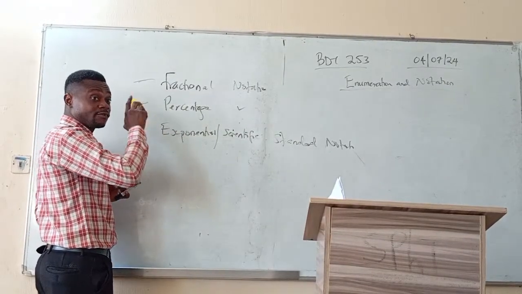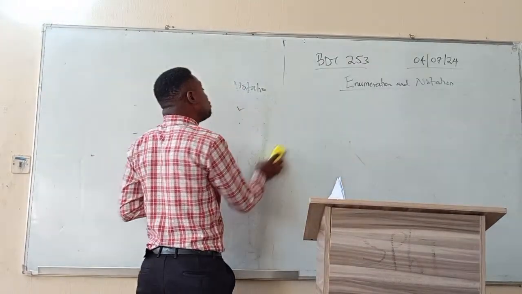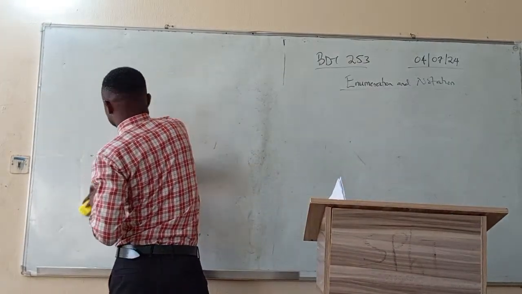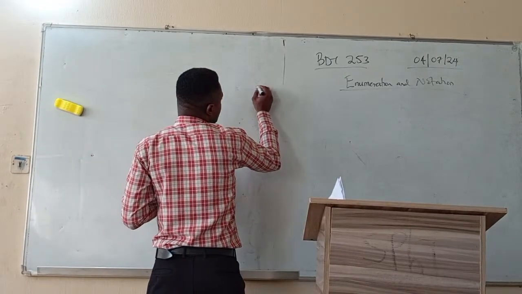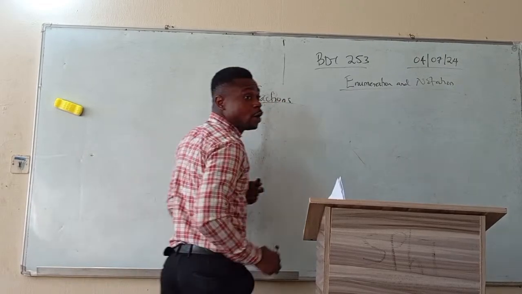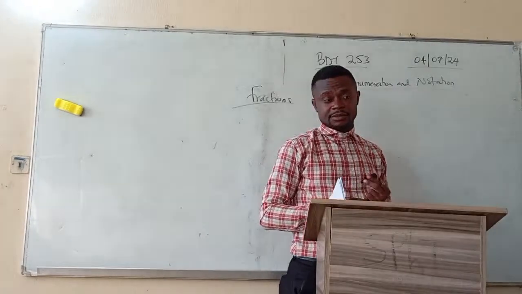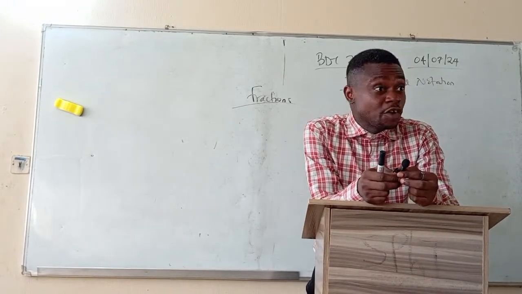So let's look at fractions. You can call it fractional notation or simply what? Fractions. Good. Remember when we were discussing numbers? Rational numbers. I told you that rational numbers are fractions.